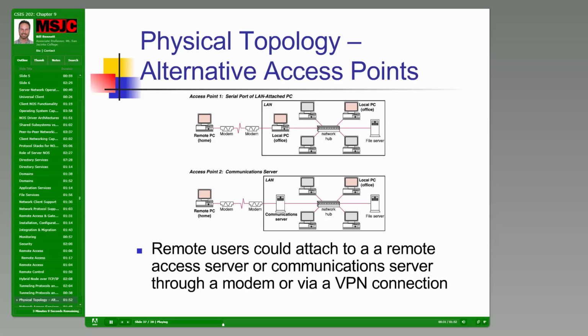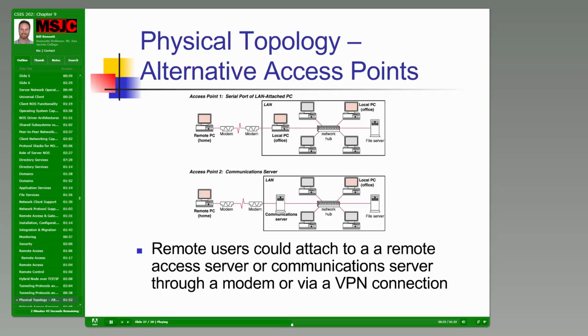But the point is that in this particular diagram, there are two different ways of making the connection at the remote site or the local site, depending on how you visualize this, because they actually have the client as the remote site. So at the local site, which would be the corporate headquarters, or wherever the company is located, wherever the LAN is located, right, the local area network.